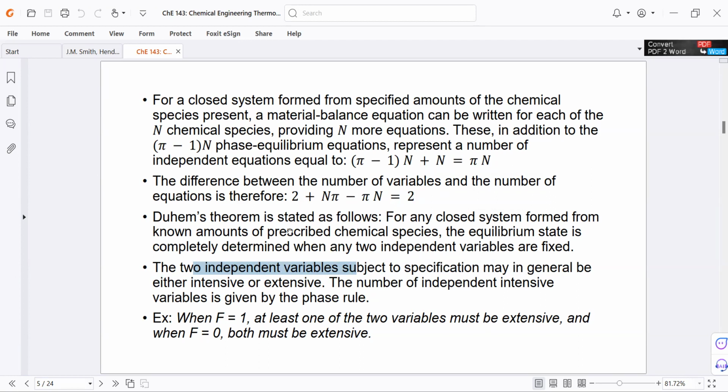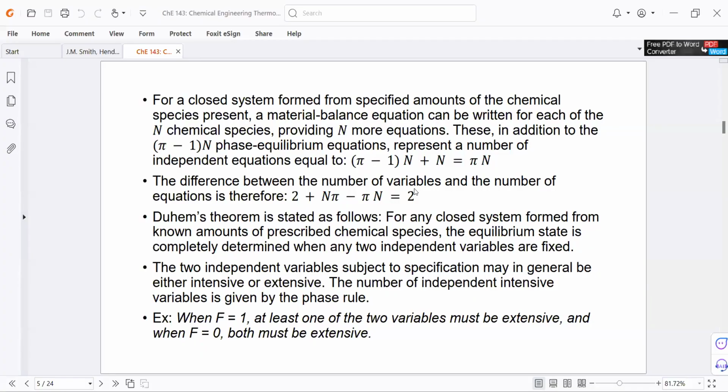So for example, if according to the phase rule the degrees of freedom is 1, then at least one of the two variables must be extensive. If the degrees of freedom is 0, then both of the two variables must be extensive. So I hope that is clear. This is Duhem's theorem.